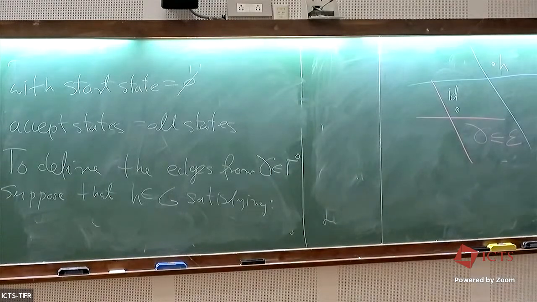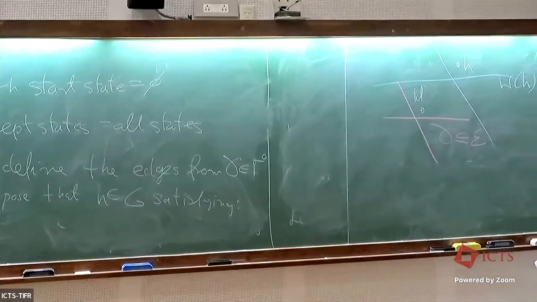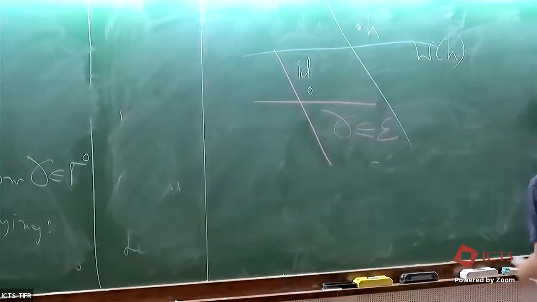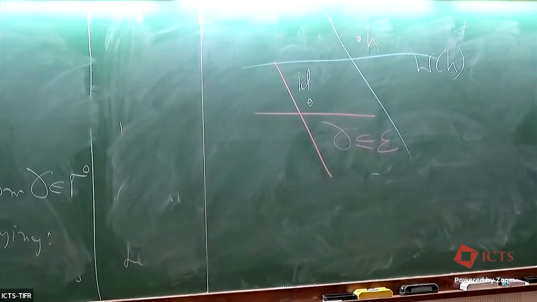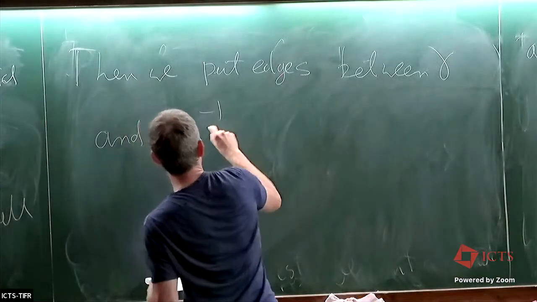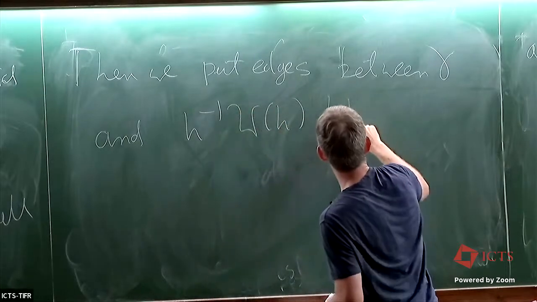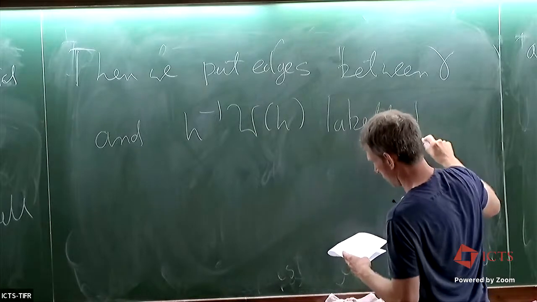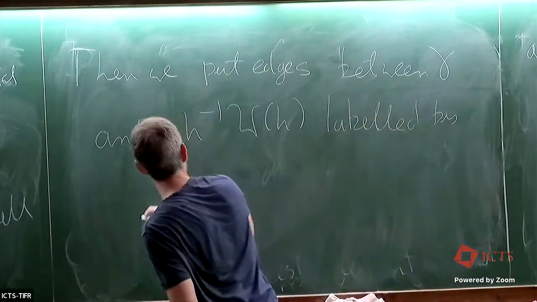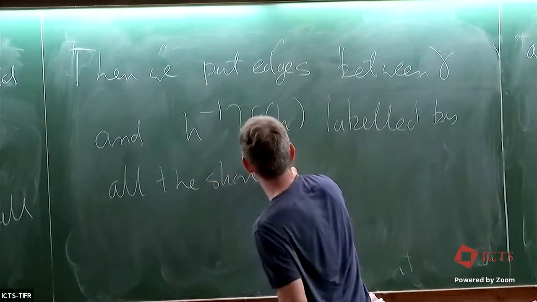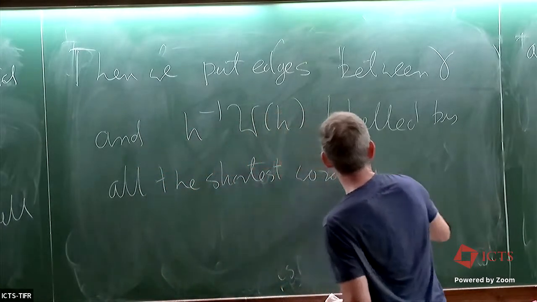So these blue walls, probably you notice that this is exactly or a subset of WH. So we look at WH and we put an edge between gamma and H inverse translate of WH, and the labels are all the shortest words representing H.